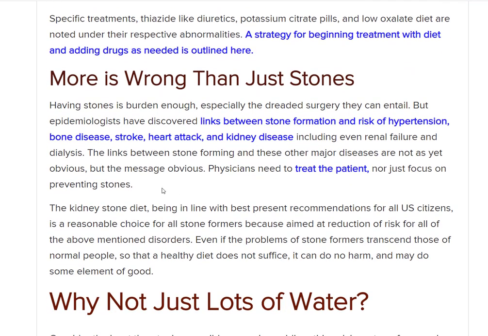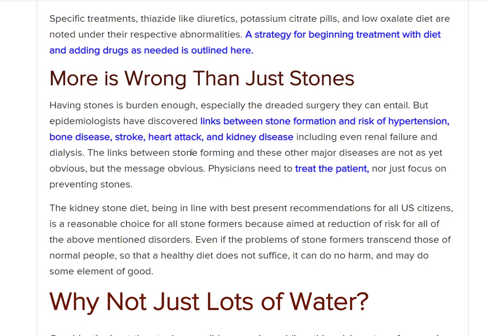The diet is also important because more is wrong with stone formers than just stones. There's links between stone formation, I'm reading this to you, and risk of high blood pressure, bone disease, stroke, heart attack, and kidney disease. The links to the evidence for this. I don't know why there are these links.